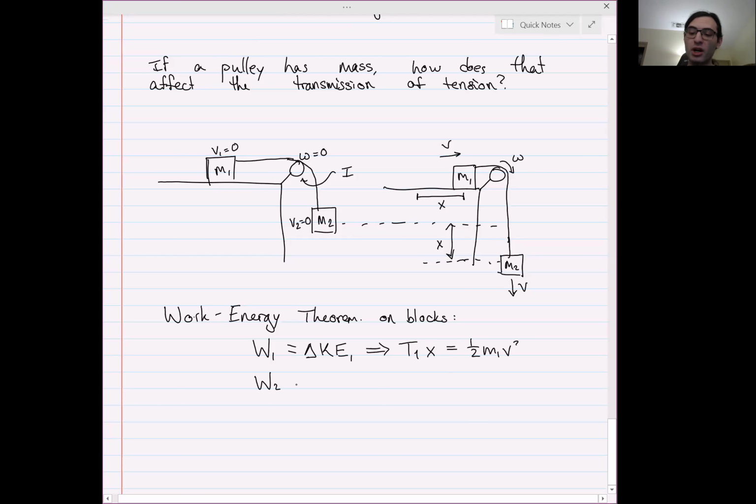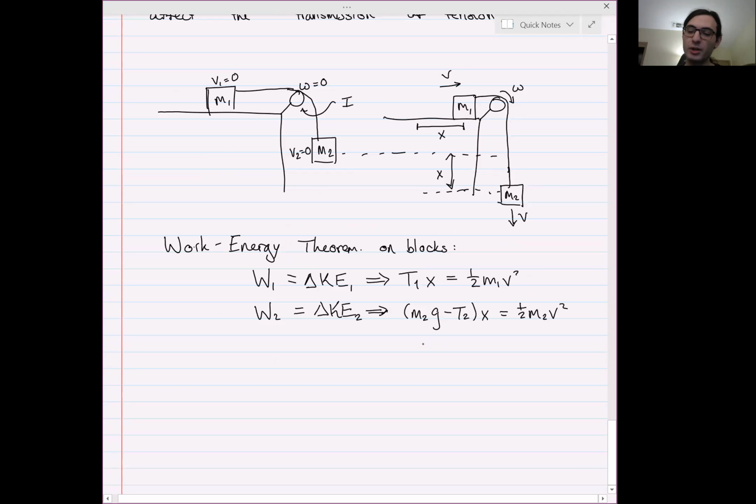Now the work on the second block is similar, but there are now two forces: gravity and tension. Tension pulls it up, gravity pushes it down. So the work here is m2 g, that's the gravitational force pulling it down. Remember, we're dotting it into the direction of motion, and the direction of motion is down, minus T2, where T2 is the force up, times the distance traveled, equals 1/2 m2 v squared.